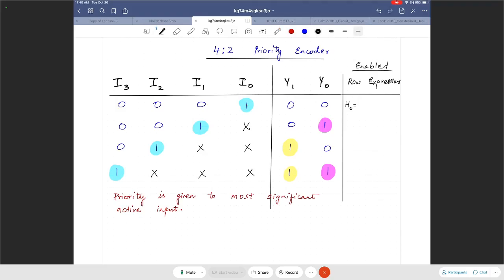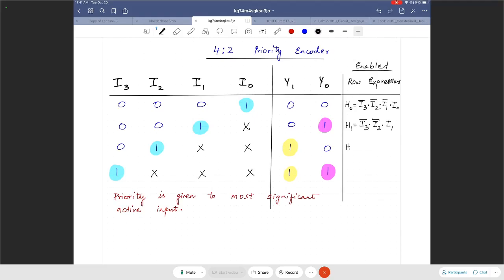So the expression for H0 is going to be I3 complement and I2 complement and I1 complement and I0. Similarly for the next one, H1, I3 is 0, I2 is 0, I1 is 1, and I don't care about I0.